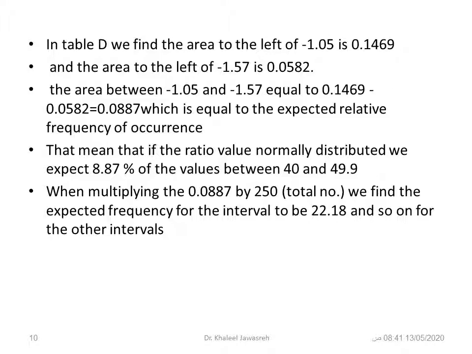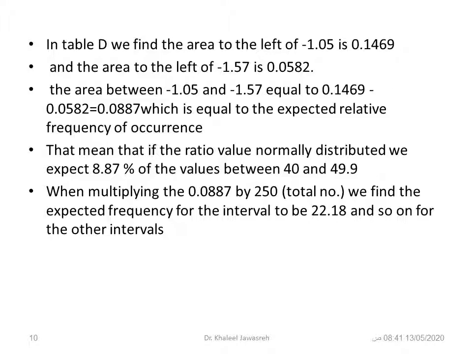They are derived from the table, corresponding to the left of minus 1.05 and minus 1.57. Those two z values have been derived from the equation x minus mu over sigma.